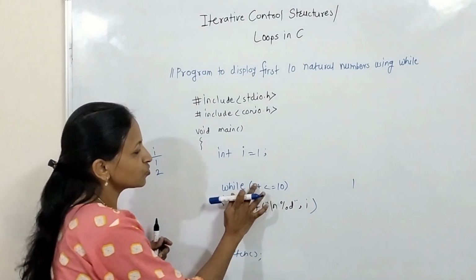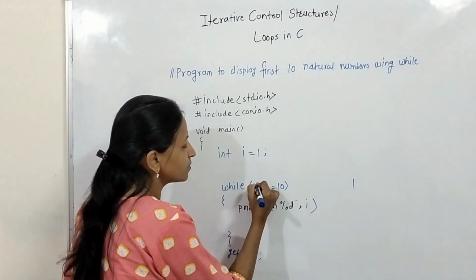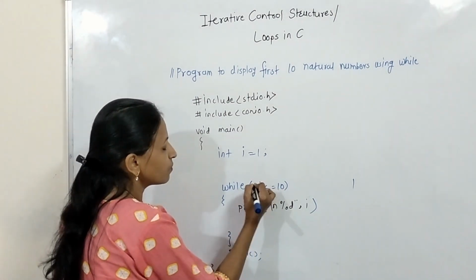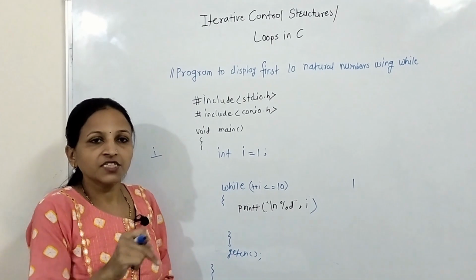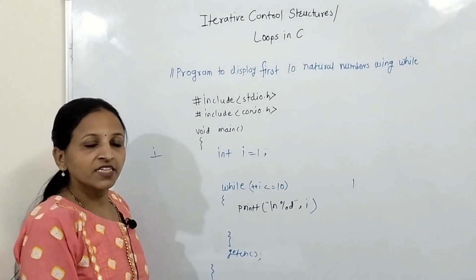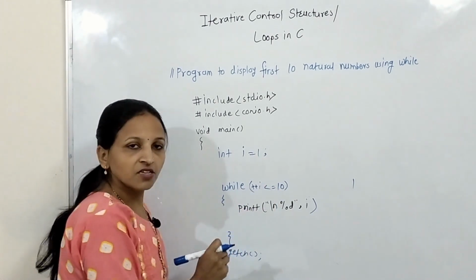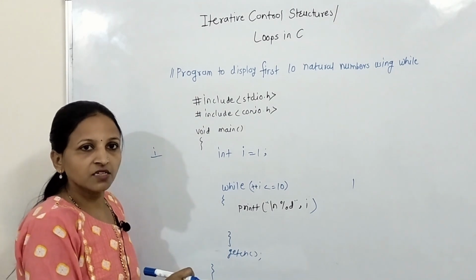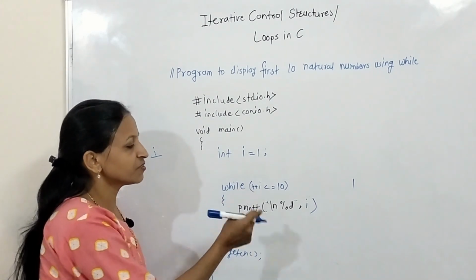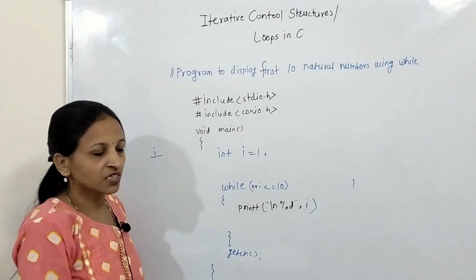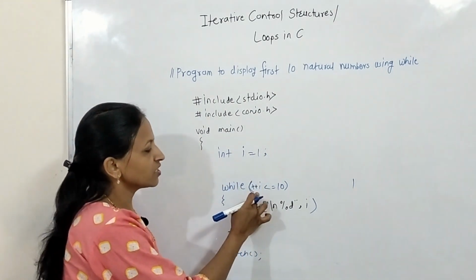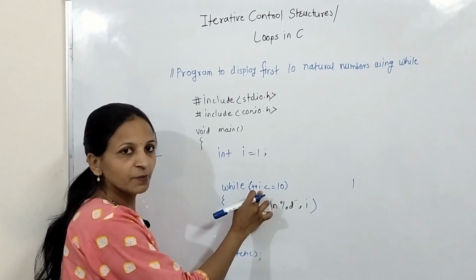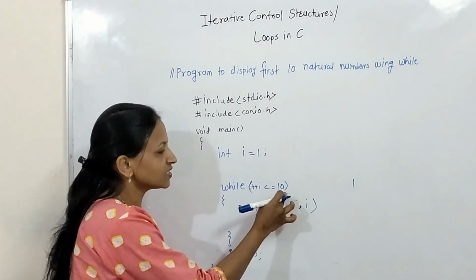Now you can also put plus plus I, but here there is one problem. Plus plus I means first increment the value of I by 1 and then check the condition, because pre-increment means first increment and then use. What will happen here? Initially the value of I is 1, it will increment the value of I, that will be 2, and 2 is less than or equal to 10.